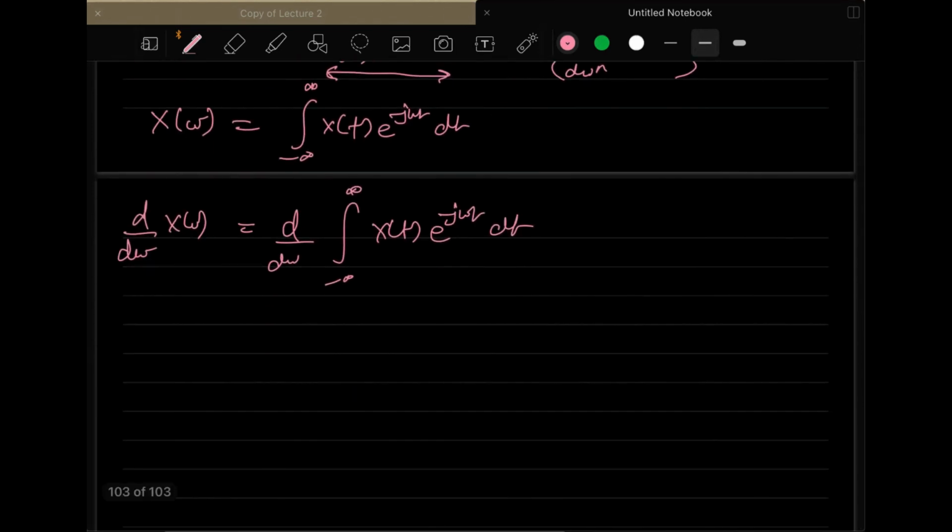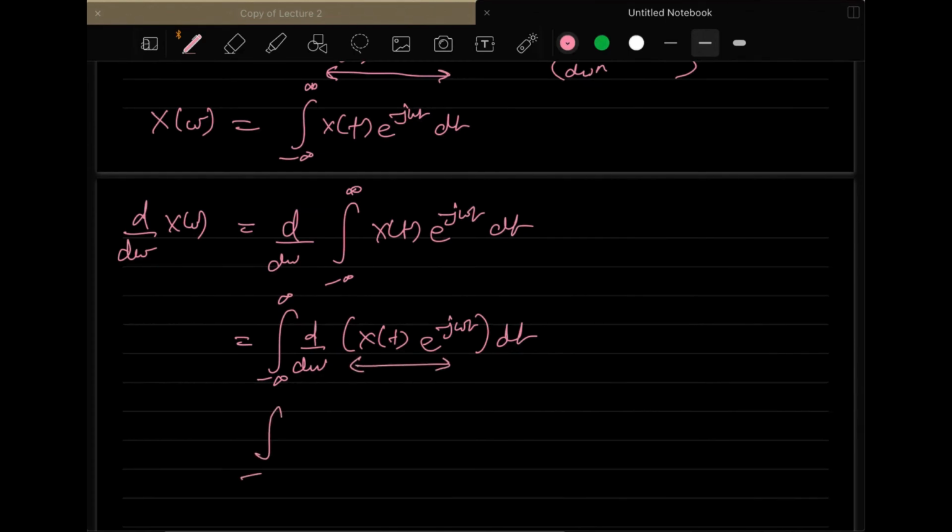Then you can flip the derivative inside the integral, so you have the integral of d by d omega of x of t e to the power minus j omega t dt. Now you take the derivative with respect to omega, so it is e to the power minus j omega t times x of t times minus jt. It is similar to what we did in the earlier derivation. The only difference is right now we have the minus jt factor here.